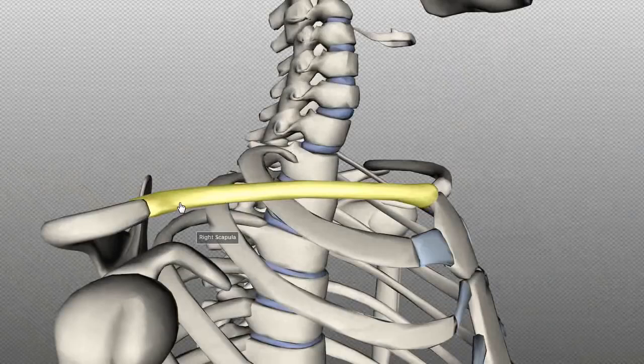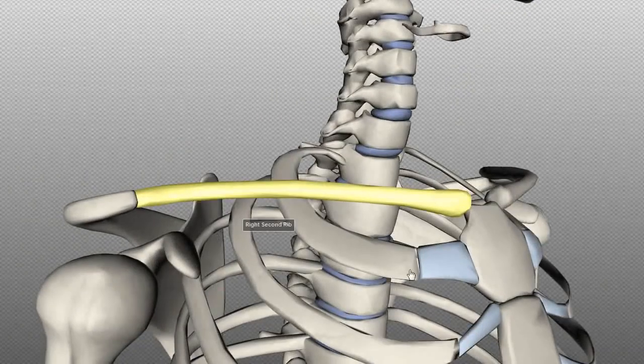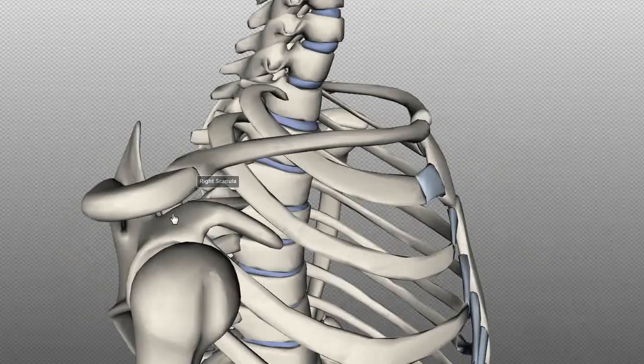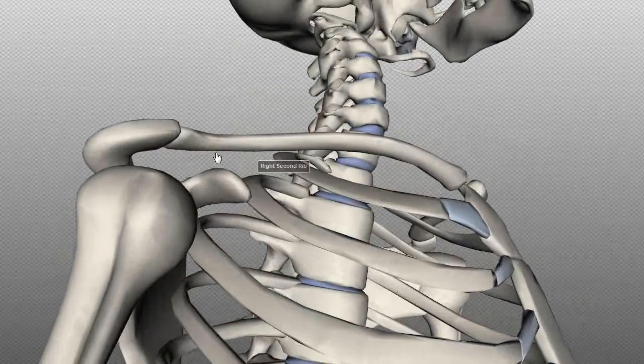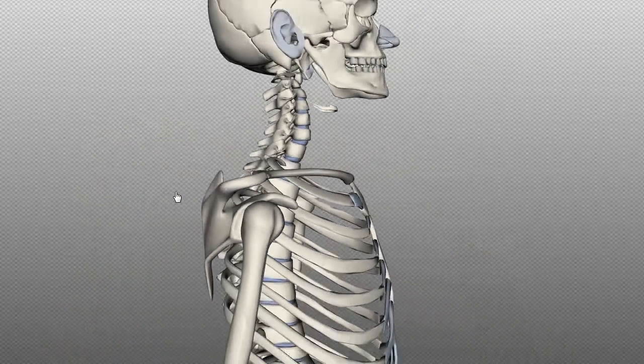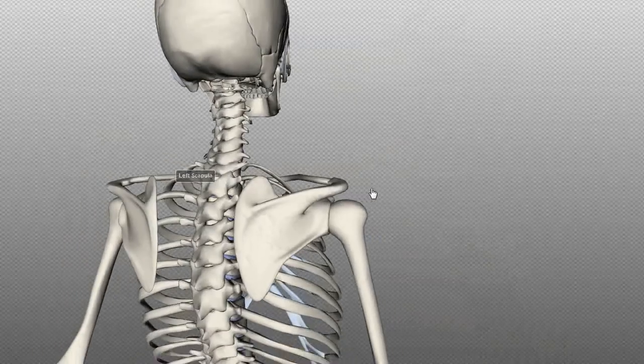So coracoclavicular, it runs from here to here. The coracoid process is this bony outgrowth of the scapula, which I'll come on to talk about in a minute. But just be aware of this conoid tubercle on the underside of the clavicle. Just rotating around, we'll take a look at the scapula now.